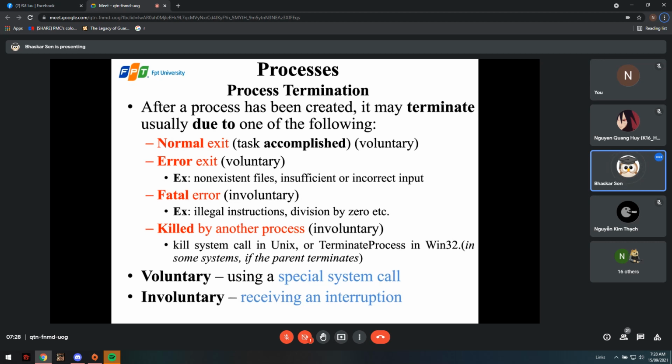That means we run the program, and when we expect that there could be an error, we catch the error and stop this error from flowing into the other parts of the program.